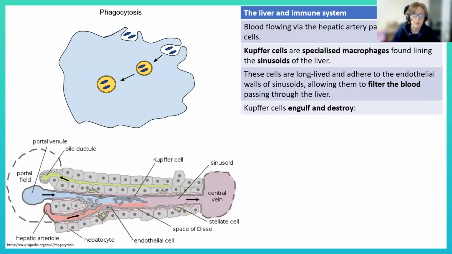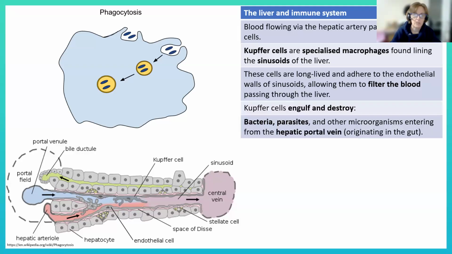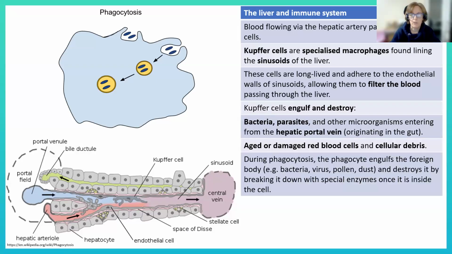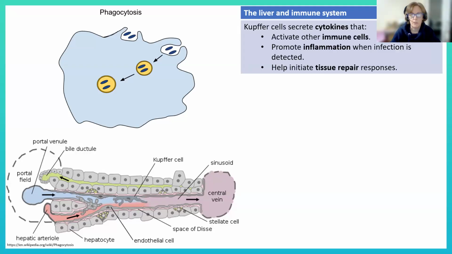The Kupffer cells are engulfing and destroying, by the phagocytosis that we looked at, microorganisms that come from the hepatic portal artery, but they also have a role in aged or damaged red blood cell removal. These Kupffer cells also secrete cytokines, which have quite an important role in activating other immune cells.